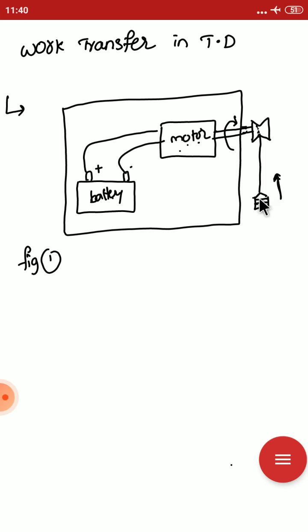Because the sole effect of the things external to the system is raising the weight, the work is done by the system, which is a positive work. The work done on the system is a negative work.